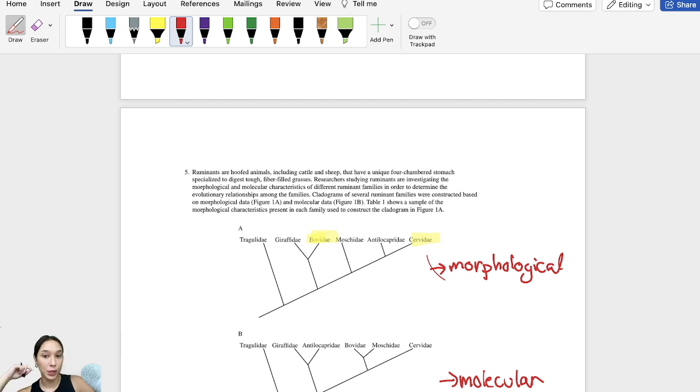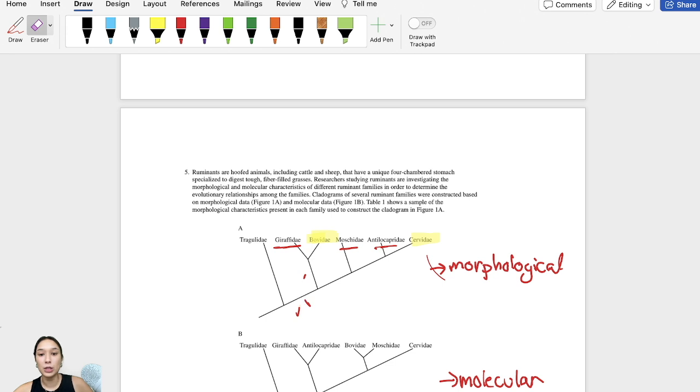They are saying that both of these are the only ones that have the trait. Why would this be convergent evolution? The reason it's convergent evolution is because they're not closely related. There was not one evolutionary event that caused both of them to have it. There were 2 separate evolutionary events, right? If there was one evolutionary event, it would have to be right here, and that would mean that these 3 would also have the trait.